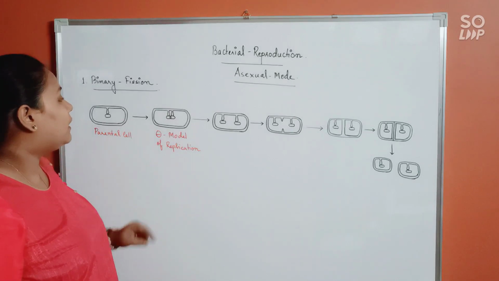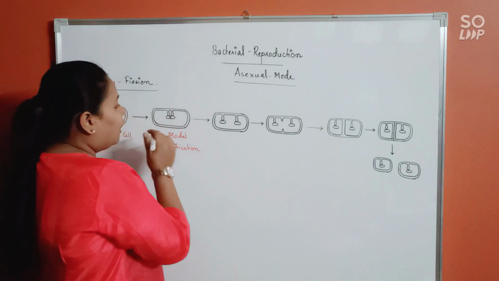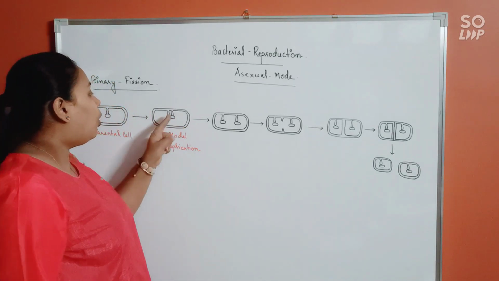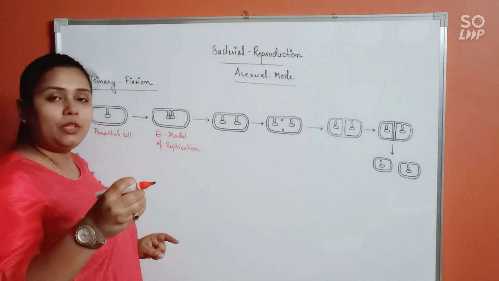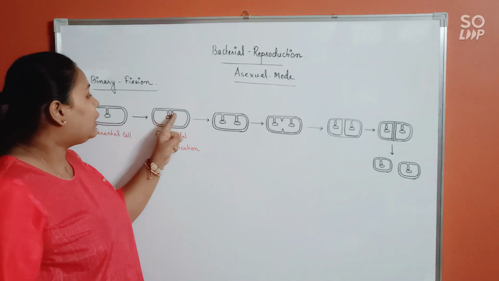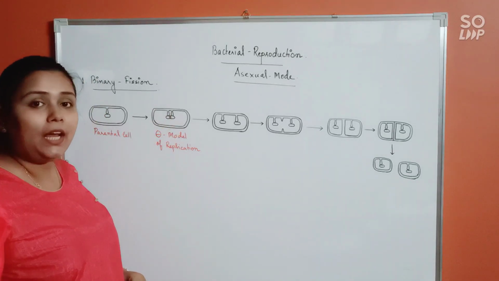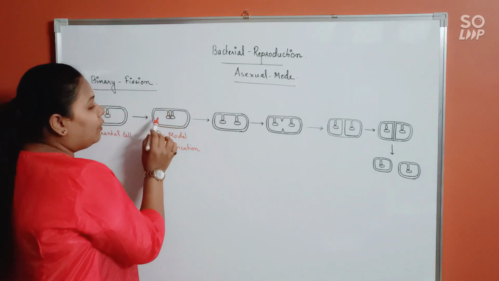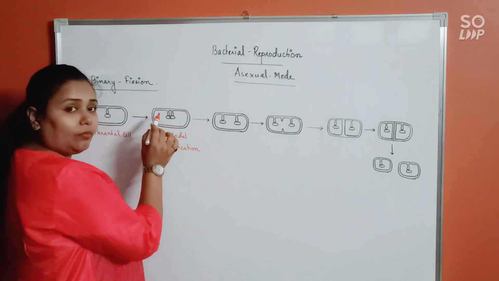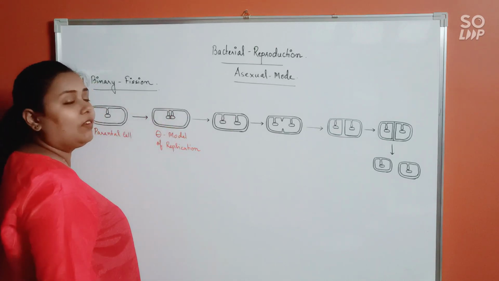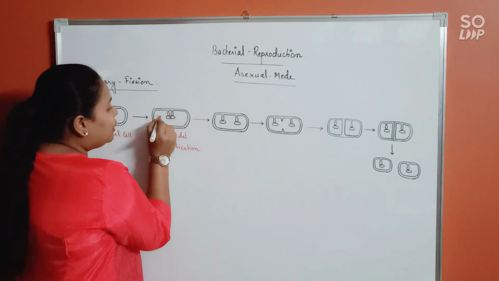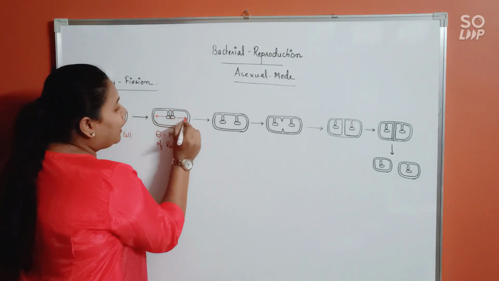Alright. Now, as you can see, the newly formed DNA or the daughter chromosome also gets surrounded or attached by a newly formed mesosome. Alright. And then a membrane starts to develop between the two mesosomes, and that's why the mesosomes start moving apart.